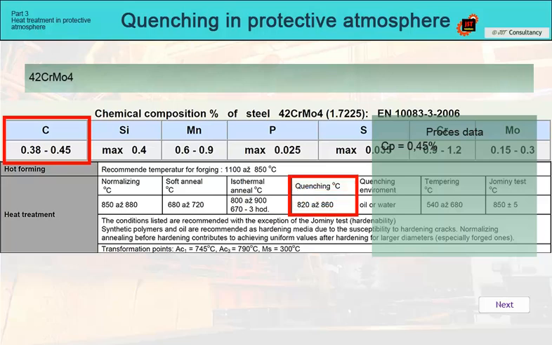However, since the customer has prescribed quenching from a temperature of 860 Celsius, we have no choice and must adhere to this temperature. Given that it will be a batch weighing almost 400 kilograms, consisting of parts of the same characteristic dimension of 80 millimeters, the heating time will be determined according to our own auxiliary table at 90 minutes.